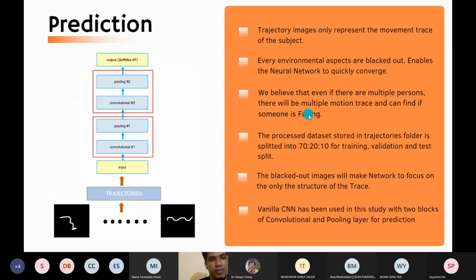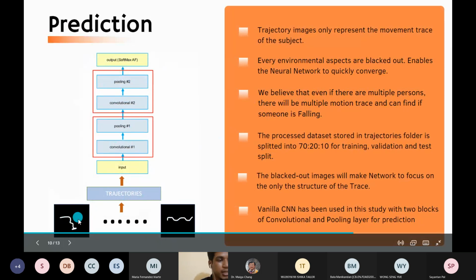There are different advantages to this approach. When we see this motion trace, there is no environment, so the CNN can focus only on the movement of the subject in the whole image.